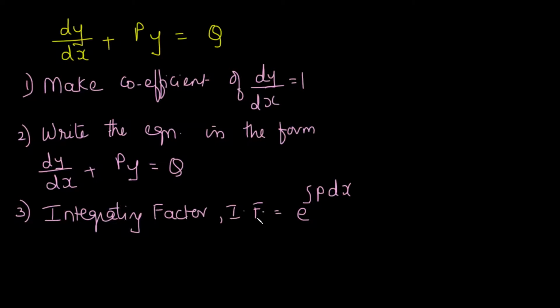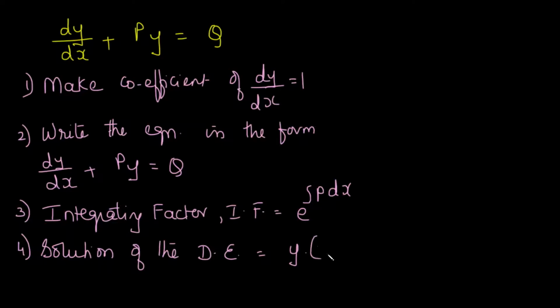Then once we find out what is the integrating factor, which is e raised to integral p dx, it will be different in every sum. Once we understand this integrating factor, then we can write the solution of the differential equation. So the solution of the equation is written as y into integrating factor.